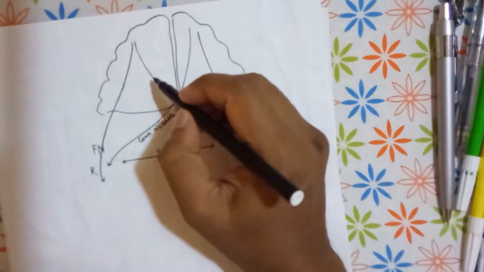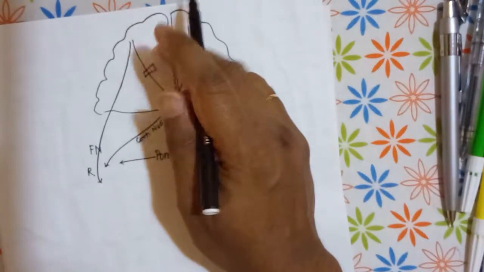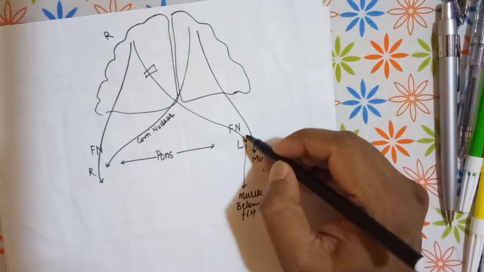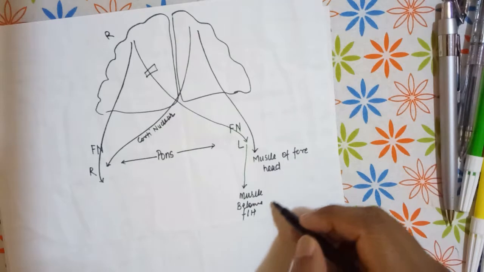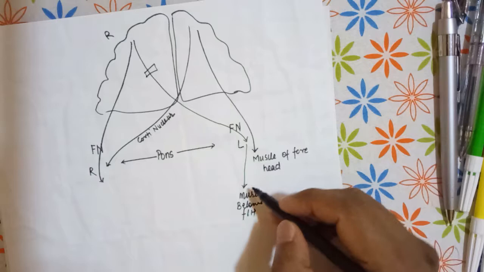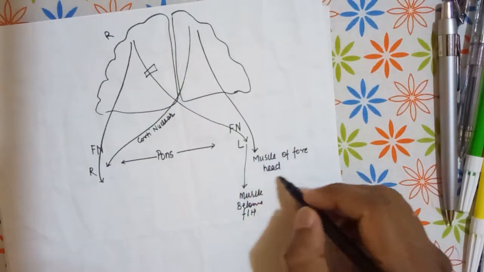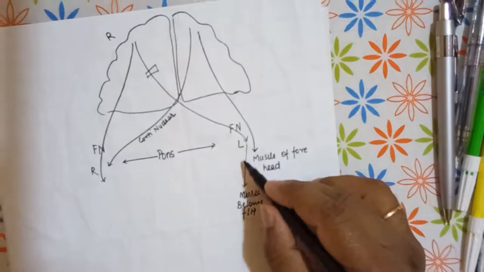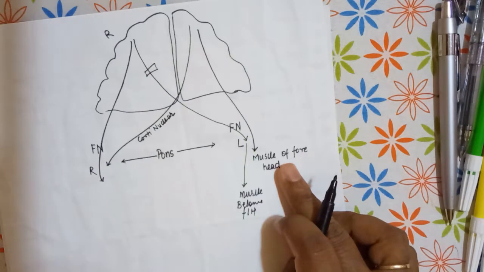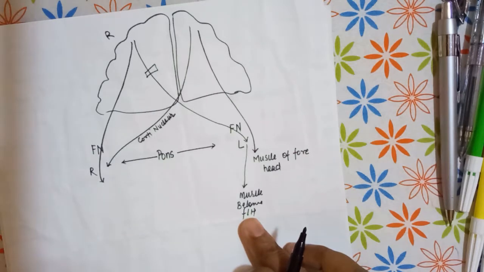So if I have a lesion in this fiber, say this is the right cerebral hemisphere controlling the left facial nerve, I have paralysis of the lower part of the face on the contralateral side, that is on the left side, but the muscles above, on the forehead, will remain intact. So the patient will have normal wrinkling or transverse creases of the forehead, but complete paralysis of the muscles below the forehead.